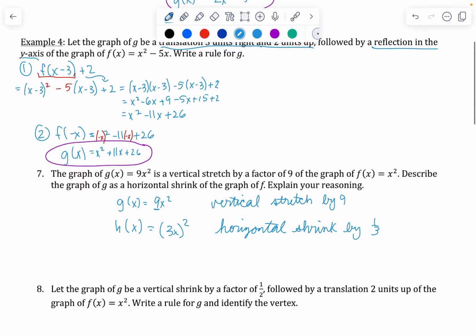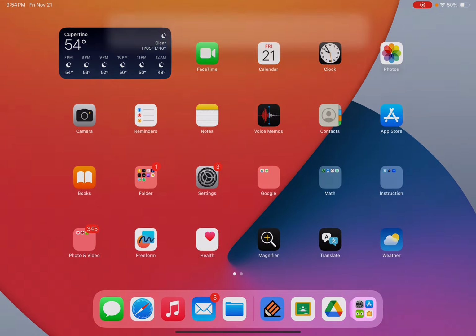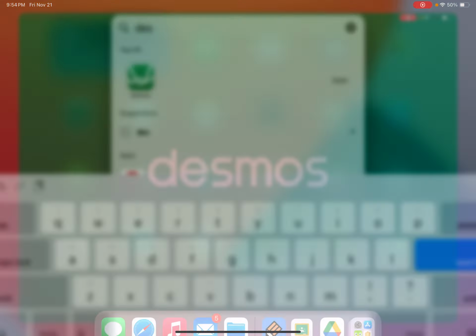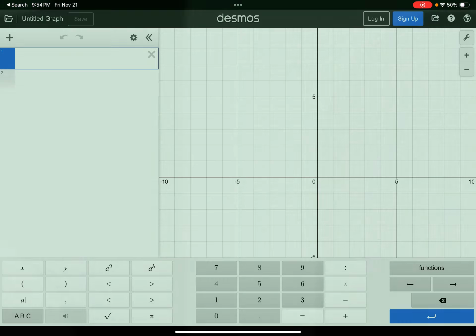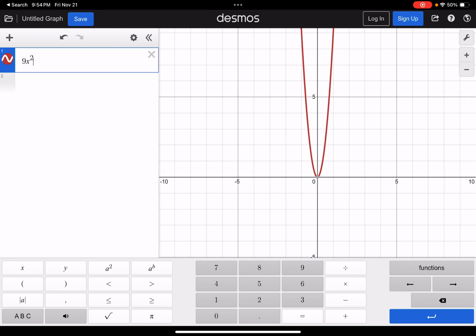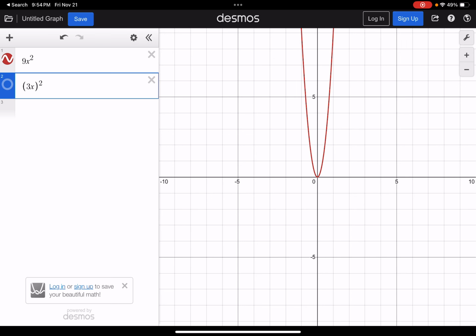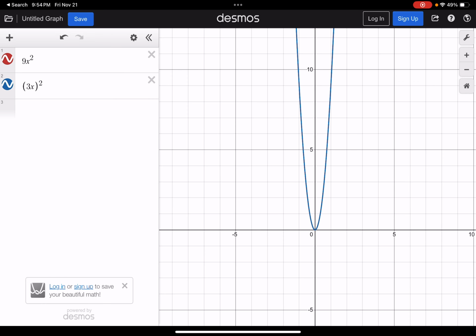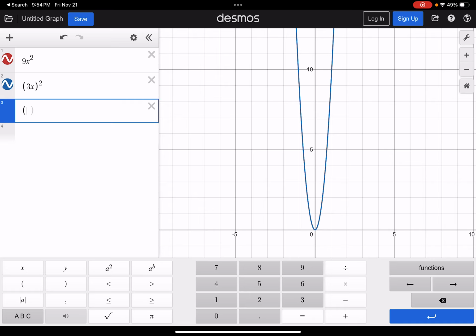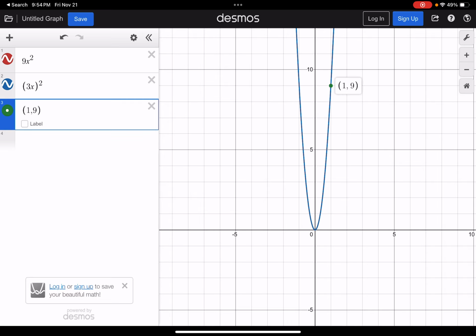Now, it is important to notice that when I graph these, I do get the same graph. 9x squared and 3x squared, right? The same graph. So I could think of it as a vertical stretch because my y values are being multiplied by 9, right?